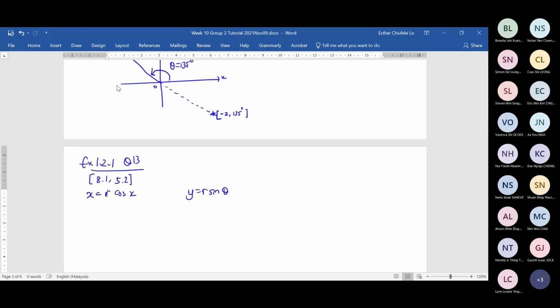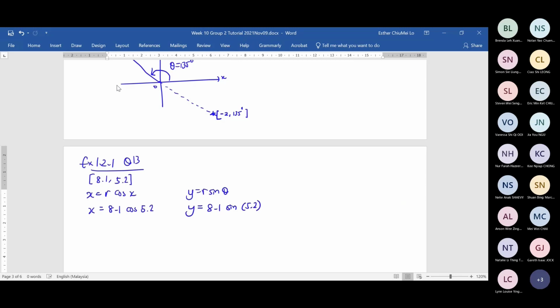Your x will equal your r, which is 0.1, cos 5.2. And your y will equal 0.1 sine 5.2.